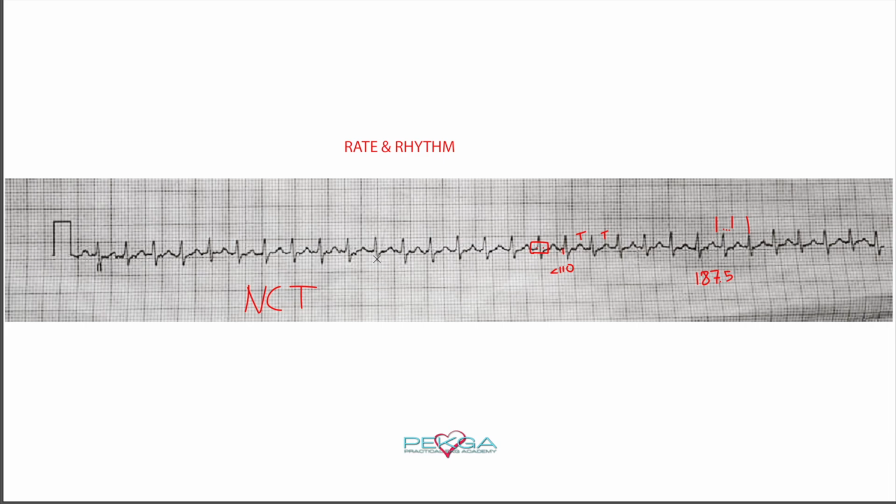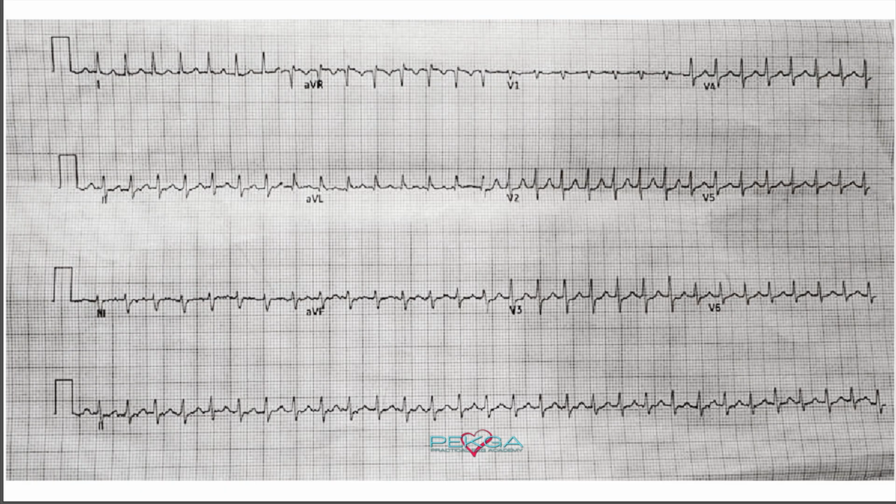Now this most likely, since the QRS is narrow, is SVT, supraventricular tachycardia. That's an umbrella term, right? And it covers many phenomena. But here we appear to have SVT at roughly 190 beats per minute. So let's take a look at the 12 lead and see what other information we can pull off of this.